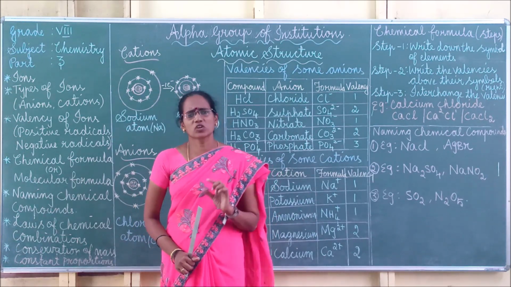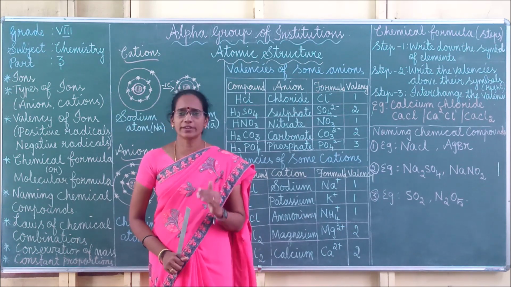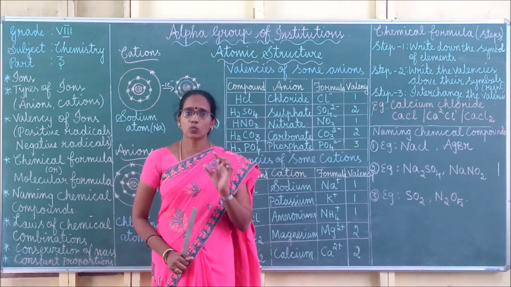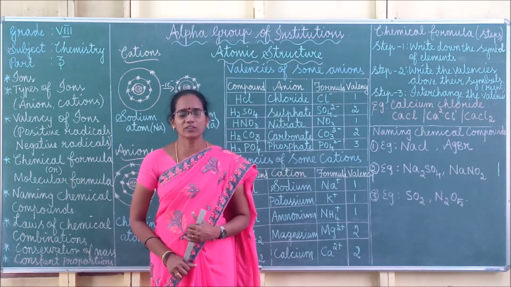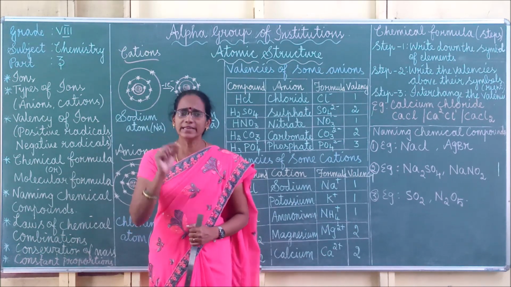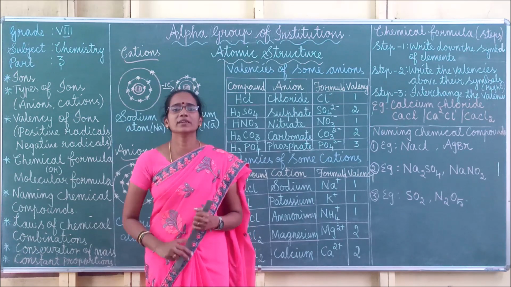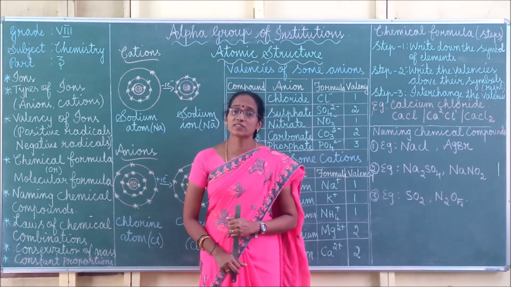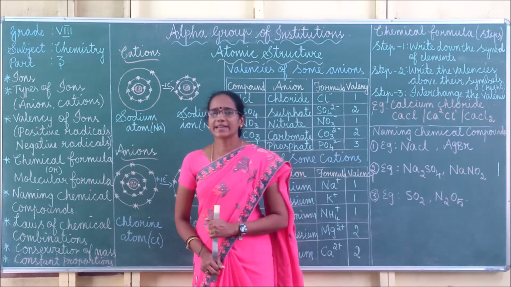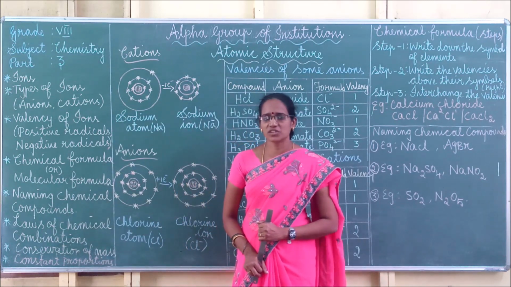That time, as I already told you, it has more electrons present in that atom, so it carries a negative charge, isn't it? These are called anions, or otherwise we can say negative radicals, right children?